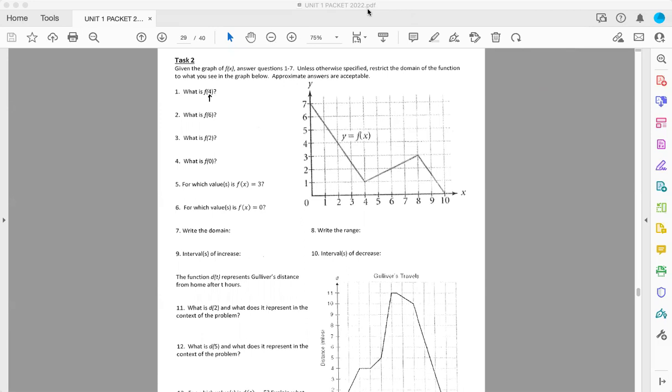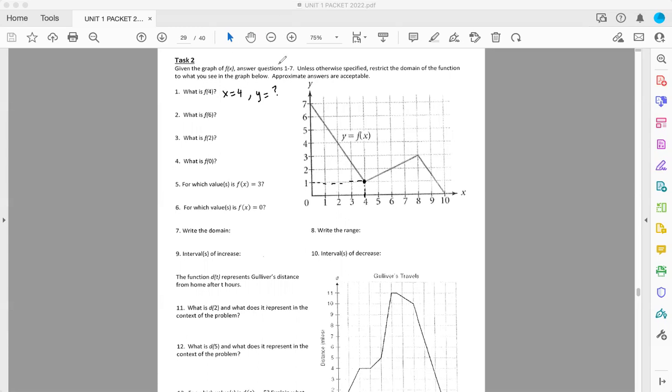They're telling me x is 4, so they're probably asking me what is y. If x is 4, we map the x value 4 onto the graph and it lands here. So the corresponding y value for that is 1.